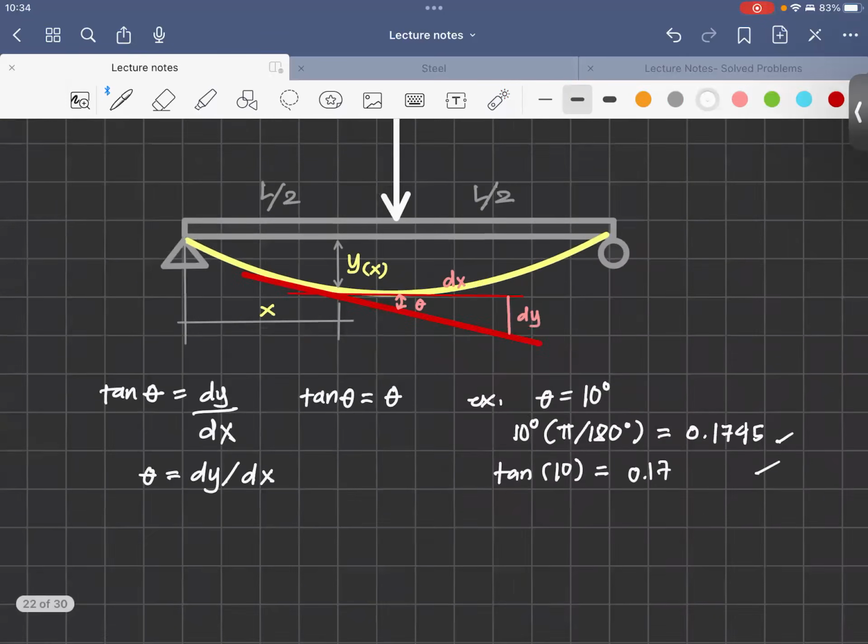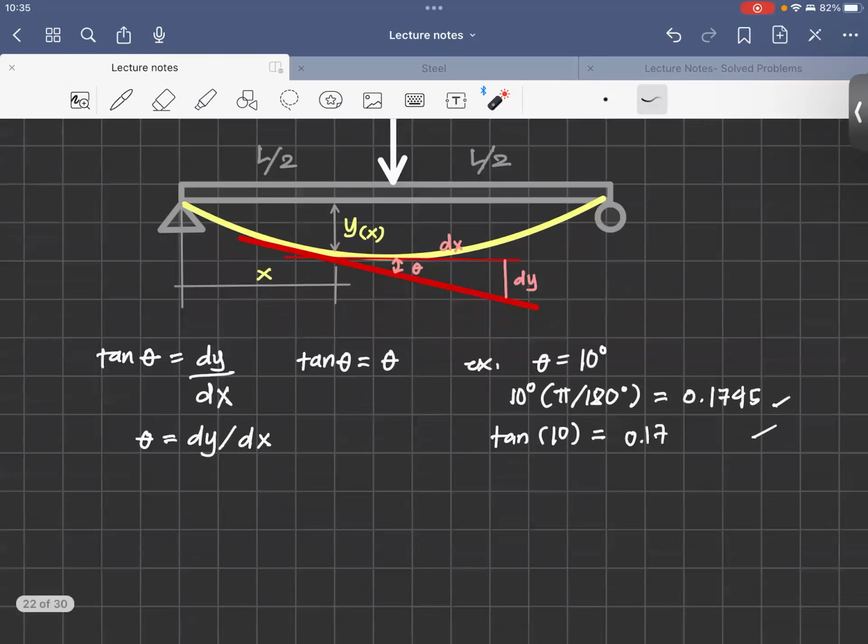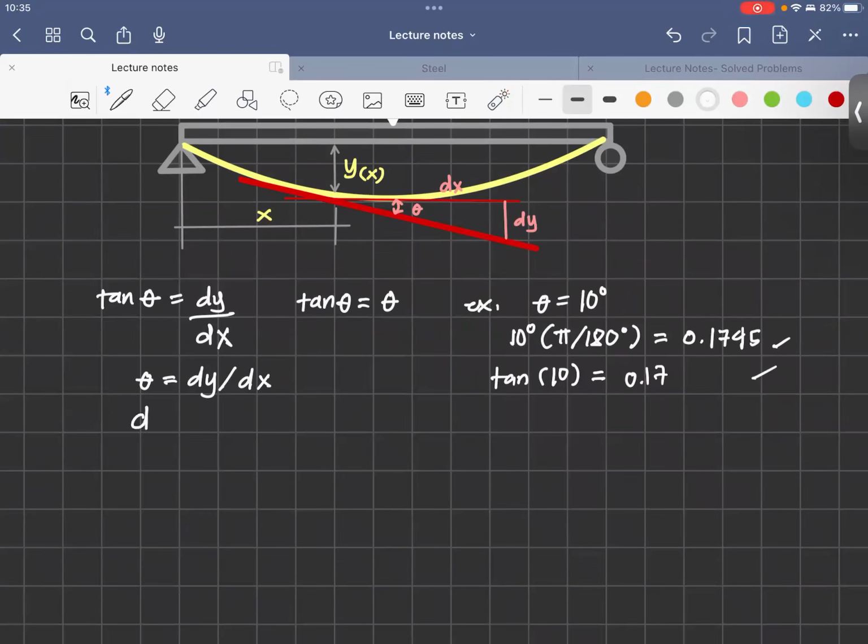Now, based on this equation, what we're looking for is the deflection, or the distance from the original point to the deflected shape. So it should be in terms of y. I'm going to rewrite this in terms of y. So it becomes dy is equal to theta dx. Then I'm going to integrate it so that it becomes y.